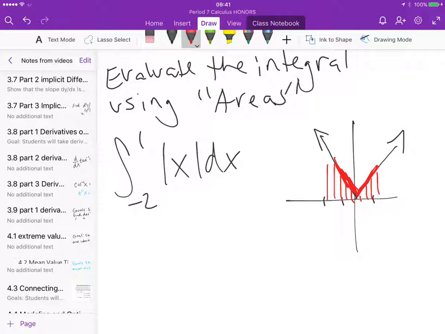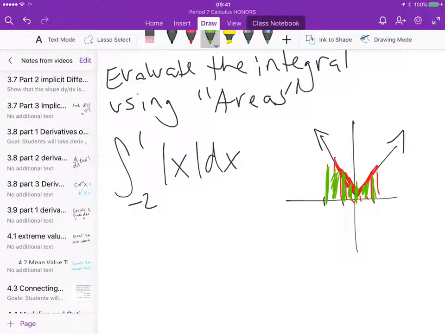And so we're going to keep it a little simple, and we're going to use the intervals that I'm about to mark off here: from -2 to -1, from -1 to 0, and then from 0 to 1. So we're going to really look at finding the area of these 3 rectangles, or these 3 intervals specifically.